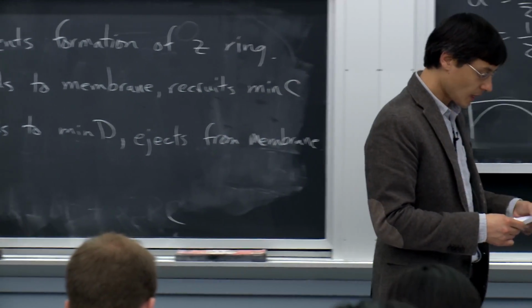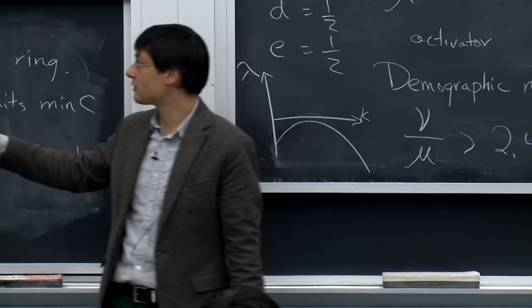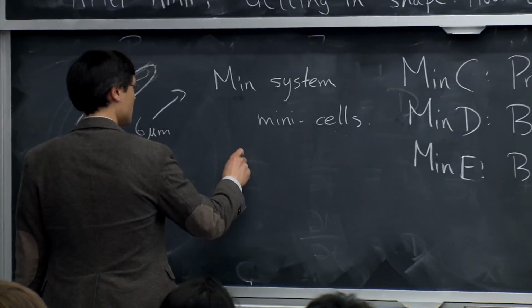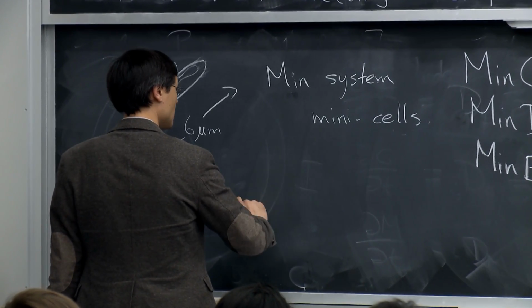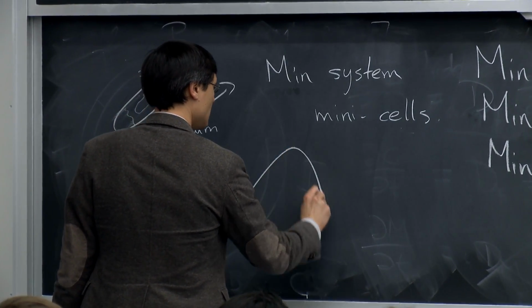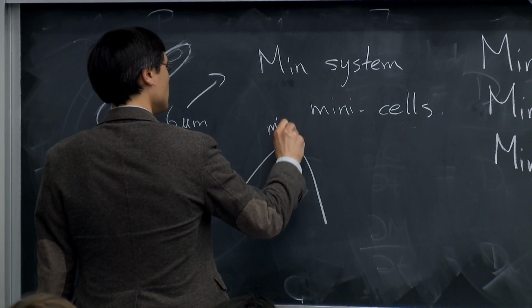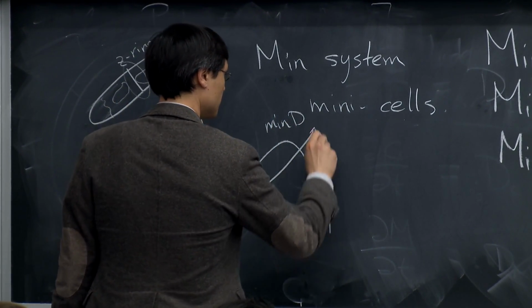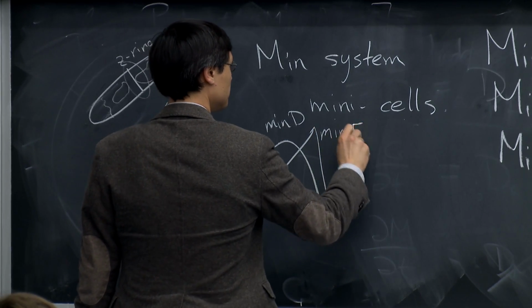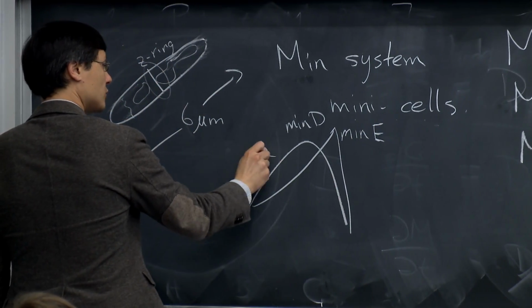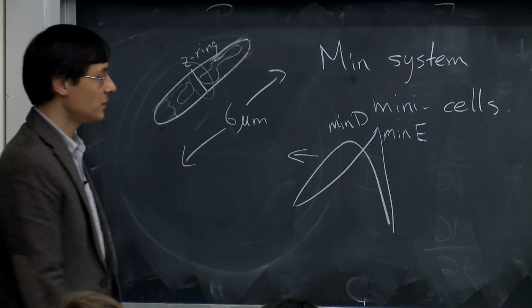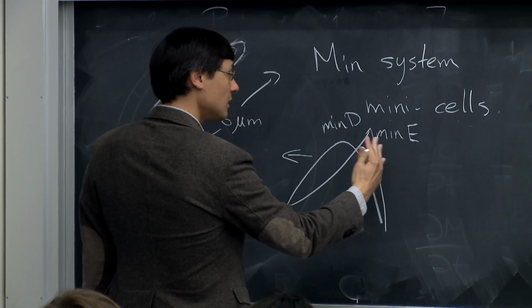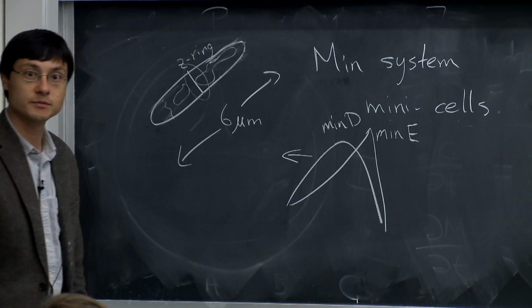As might be expected from the in vivo behavior, MinD looks like this, whereas MinE looks like that. Then the wave travels to the left, because the MinE is ejecting the MinD from the membrane, causing this whole thing to move.